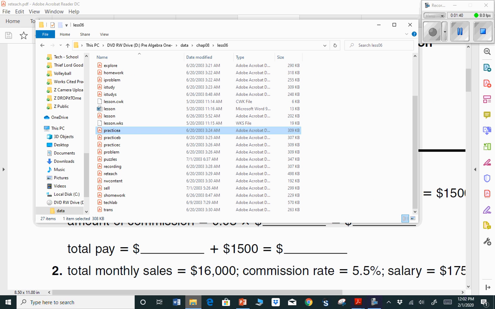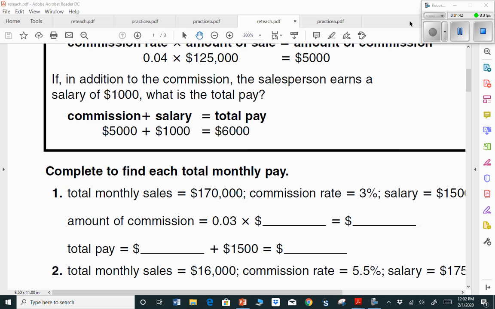Okay, we're still working with that same scenario where the real estate agent earned the $5,000. Now, sometimes you have this situation. In addition to the commission, the $5,000, the salesperson earns a salary of $1,000. That means the real estate agent's boss gives them $1,000 just for working that month, even if they didn't sell anything, okay?